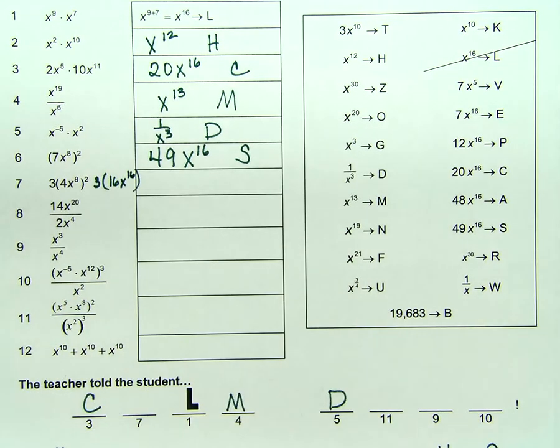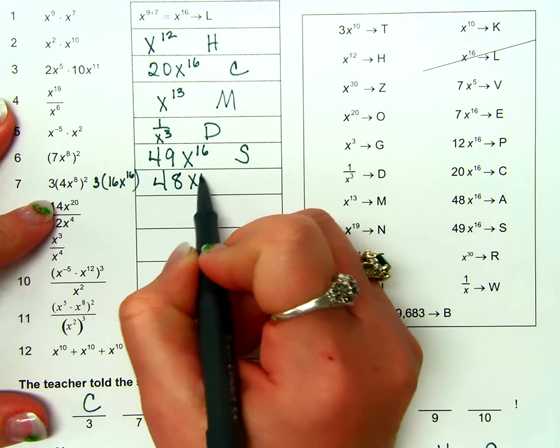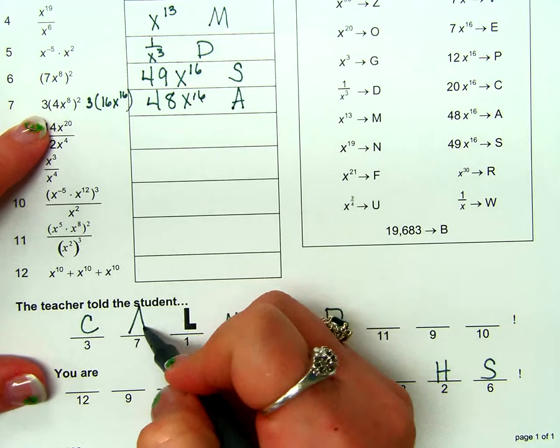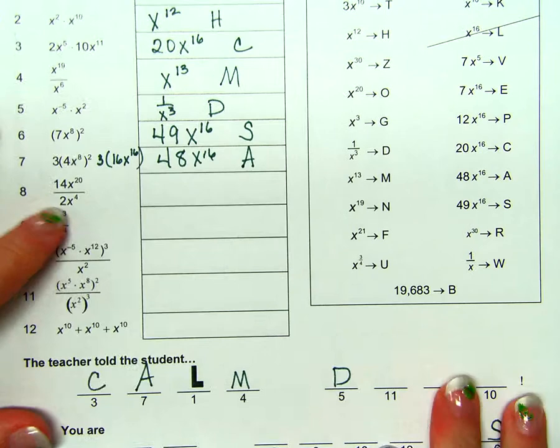So it's now 3 times 16, 48. 48 x to the 16th, which is A. So 7 is A. I'm pretty sure the first word is calm. All right, what about 8?